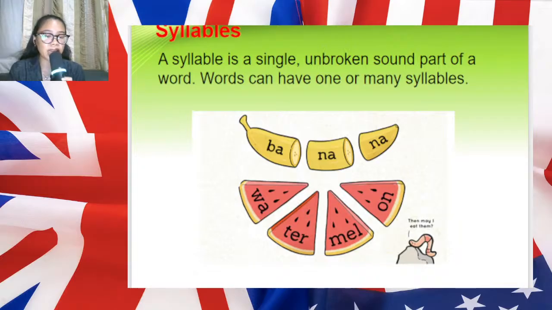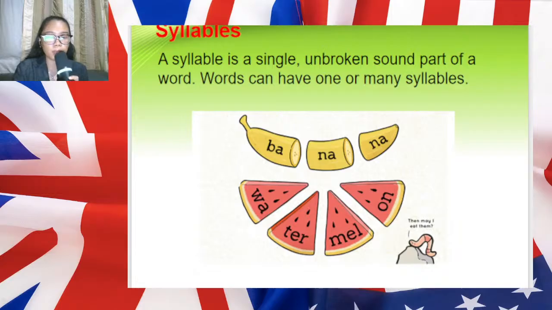Some words have just one syllable, like cat or book. Others have many, like banana or watermelon. Like you see on the image here, notice how banana is split into three parts? Because there are three syllables in there: ba, na, na. Each part is one syllable. Easy, right?